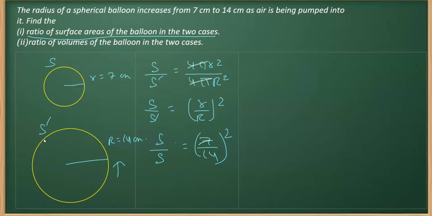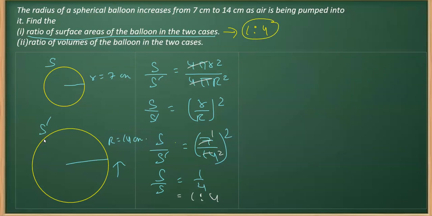Before finding the square, we can reduce it, 7 one times, 7 two times. So S over S dash is equal to square of 1 over 2, that means 1 over 4. So the required ratio here is 1:4.